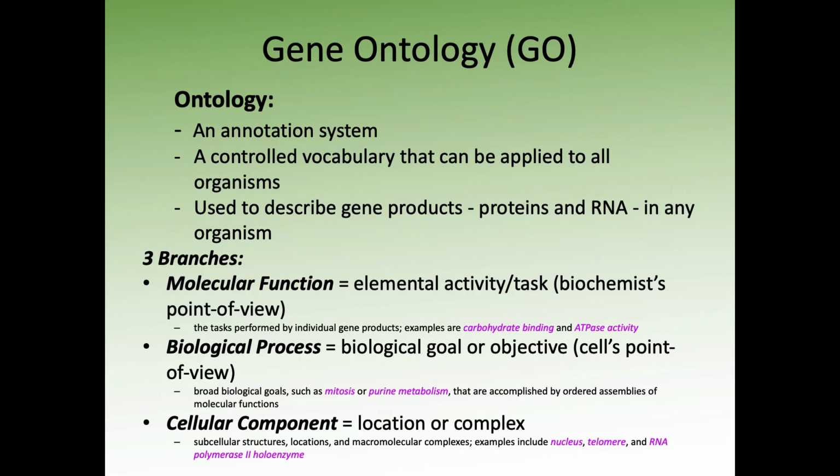Another one of the dominant ways that we define function, that we use to describe functionality in these systems, is the gene ontology. An ontology is basically an annotation system, a system to make notes about something. In this annotation system, one of the key parts of an ontology is that we've created a controlled vocabulary that can be applied, in this case, to all organisms, in all cases.